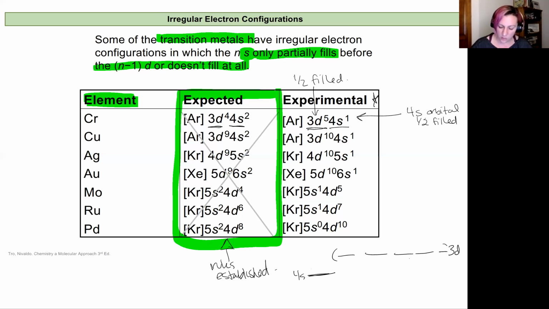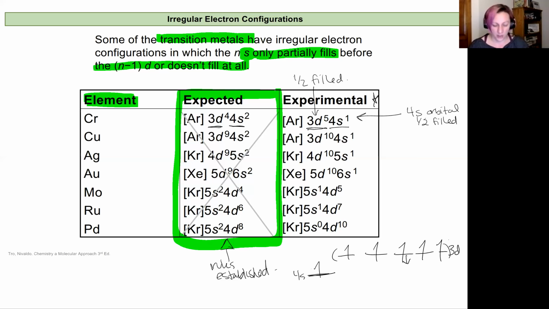If this lowers a little bit, then it actually becomes more energetically favorable to half fill that 3d set of orbitals rather than have only 4 of the 5 filled with 1 electron. And so there will always be this effect on half filled and completely filled. And that's what we see in these expected versus experimental electron configurations.